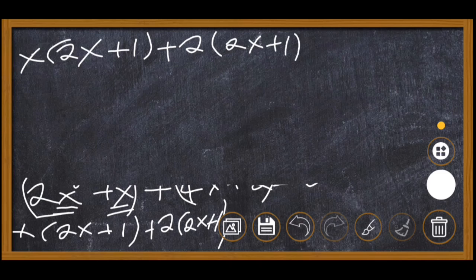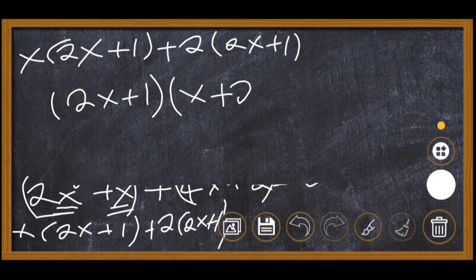Since these are common, we are going to write one of the two. They are called common factors because they are the same. So we have 2x plus 1. And then here, we simply write the values that are outside the brackets, so it's x and 2. Okay, so these are our factors.